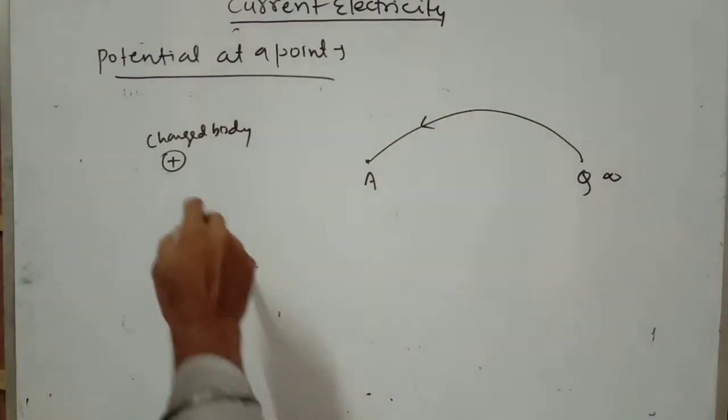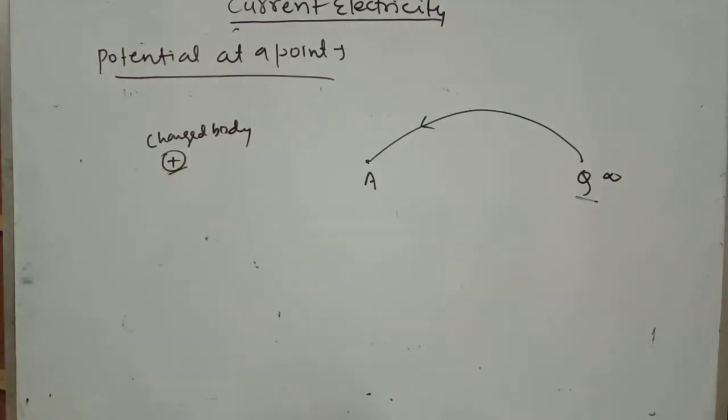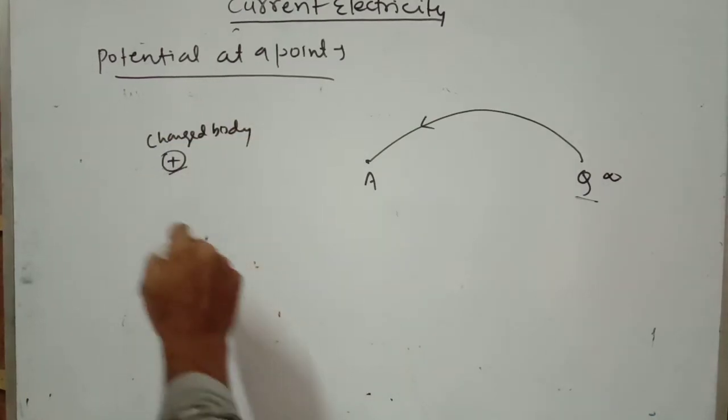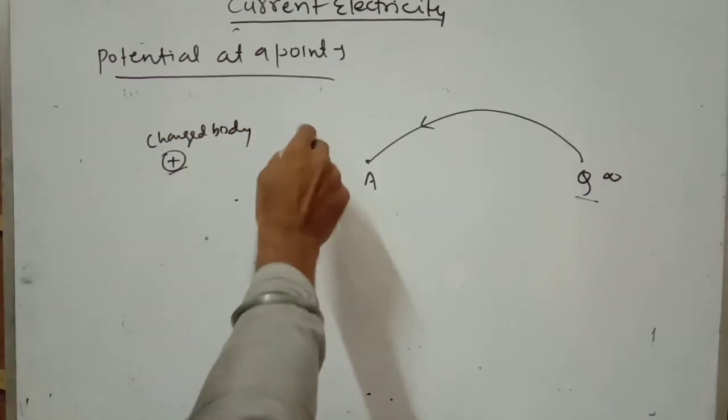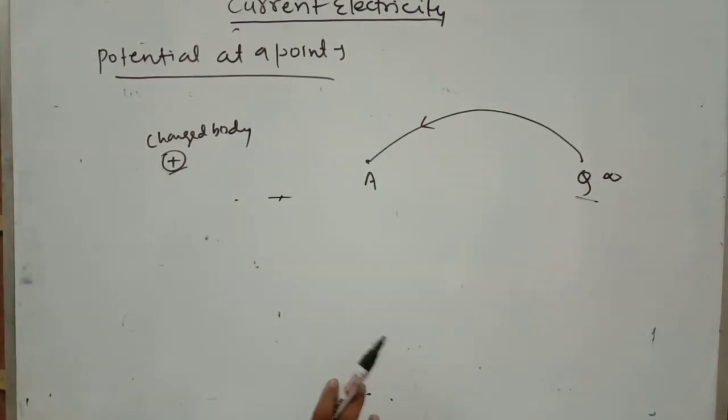Obviously it is a positive charge, and we know that positive charges repel each other. So first of all, due to this positive charge there is some electric field, and due to this electric field a force is experienced on the charge.